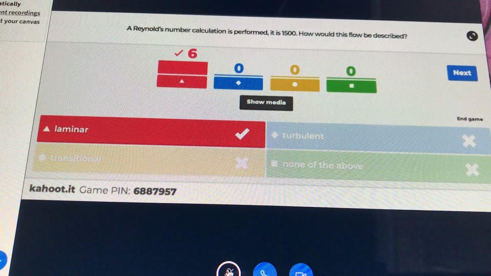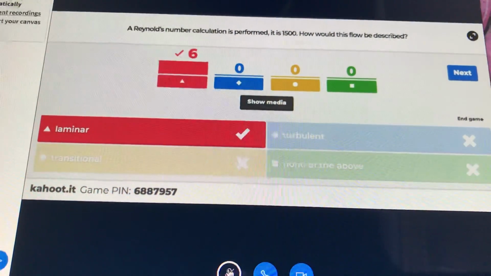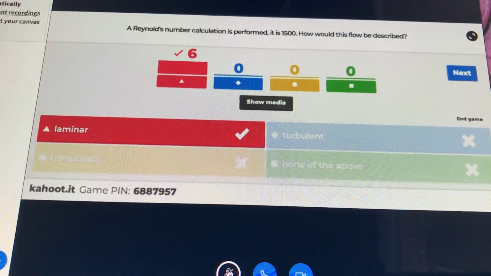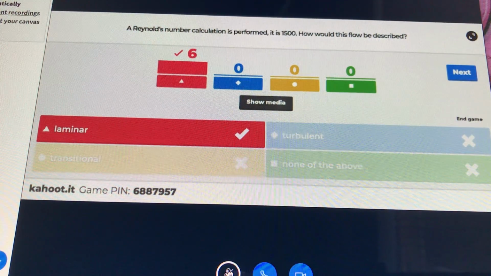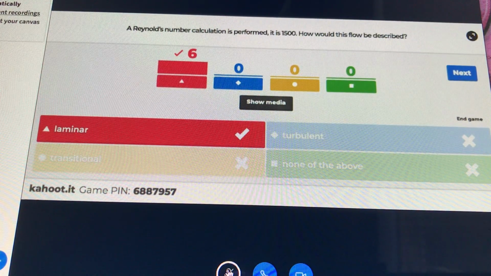What's your criteria for Reynolds number? If it's less than 2,000, it's laminar. If it's 4,000 or greater, it's turbulent. And if it's 2,000 to 4,000, then it's transitional or mixed. Good. Or tracheobronchial. Yes, all of those. Yeah, good job.